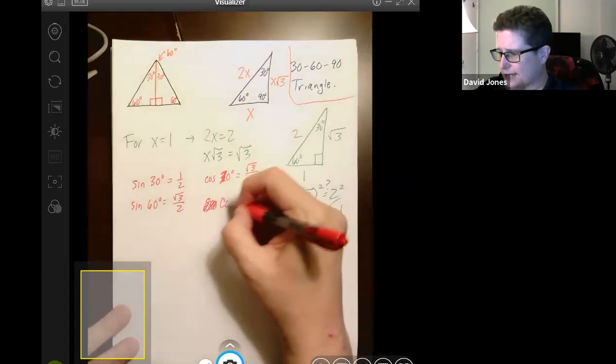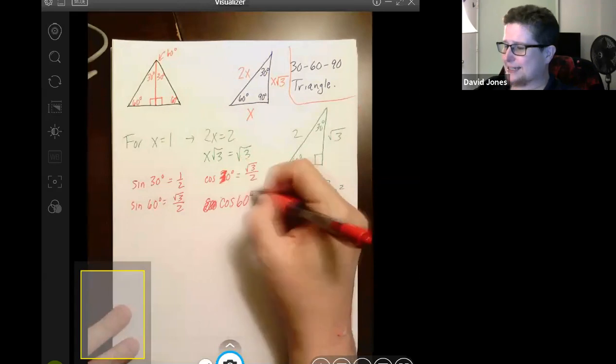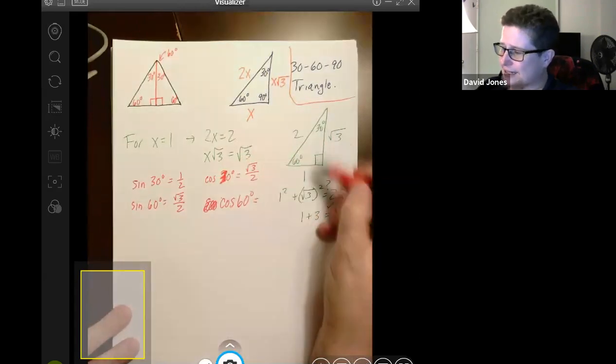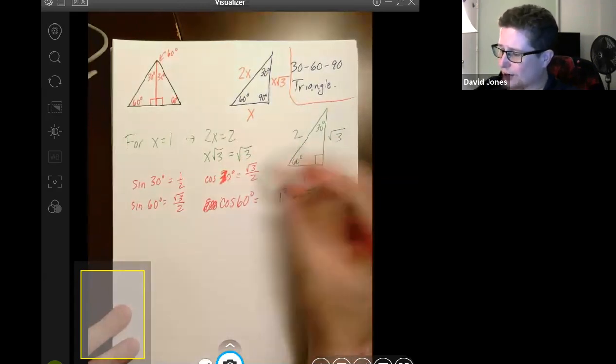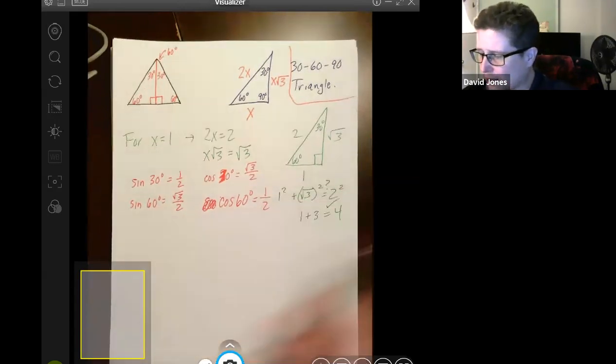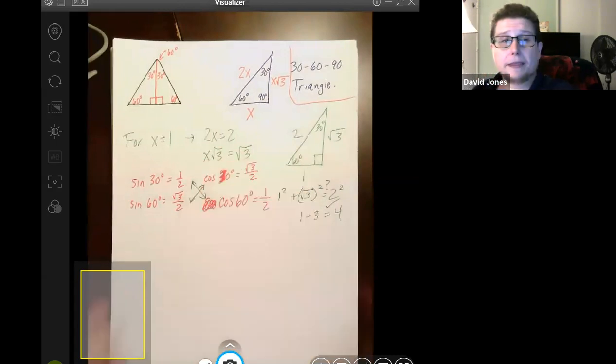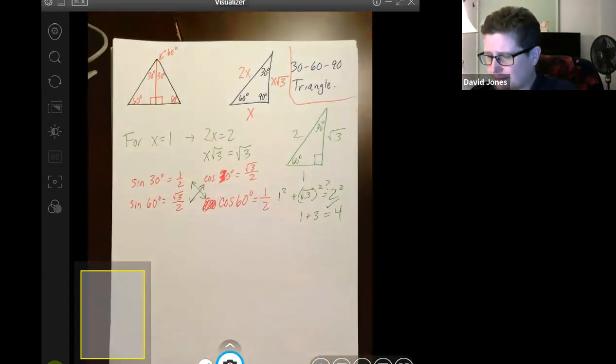Cosine of 60 degrees, that's what I'm missing here. Cosine of 60 is adjacent over hypotenuse, which is 1/2. Now this makes sense. Remember our cofunction angles? It matches up.